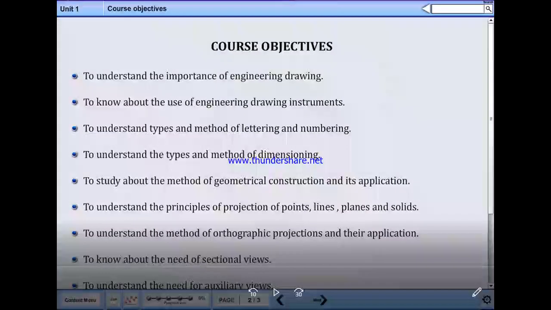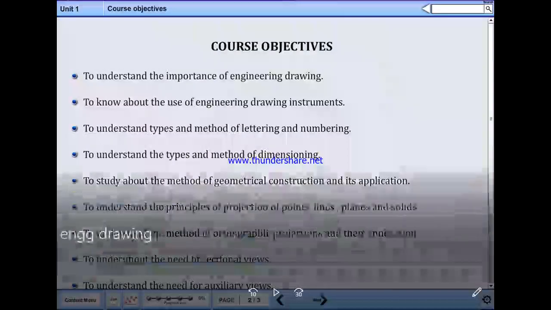methods of dimensioning, to study about the method of geometrical constructions and its applications, to understand the principle of projection of points, lines, planes, solids, to understand the method of orthographic projections and their applications, to know about the need of sectional views.